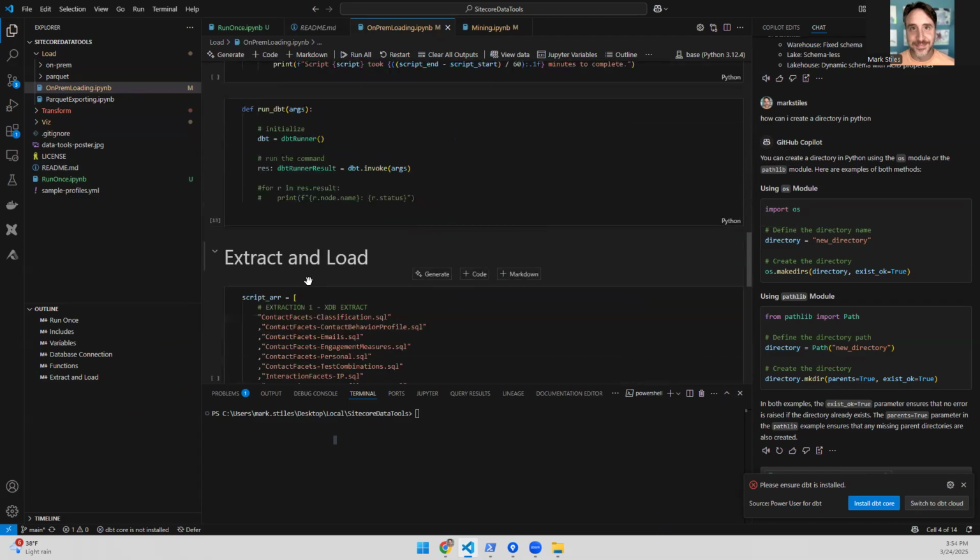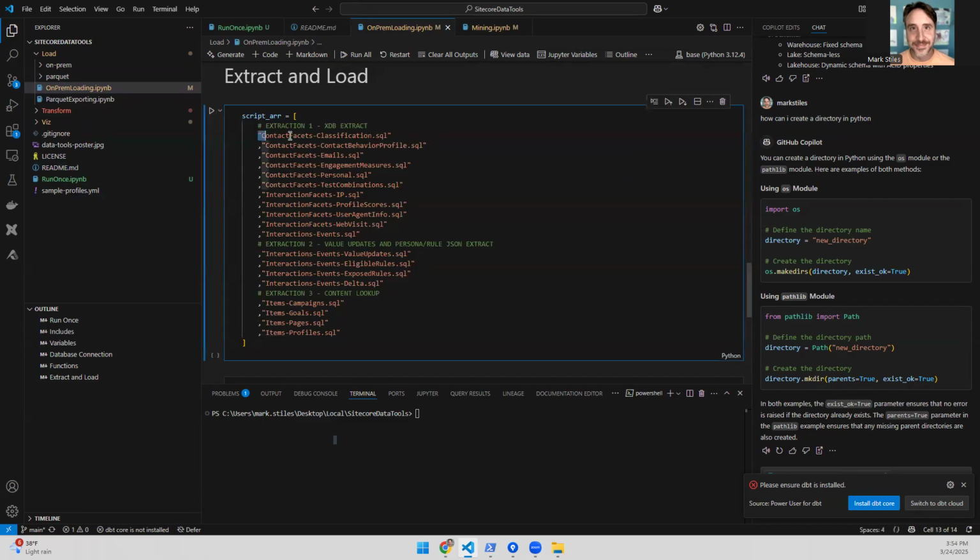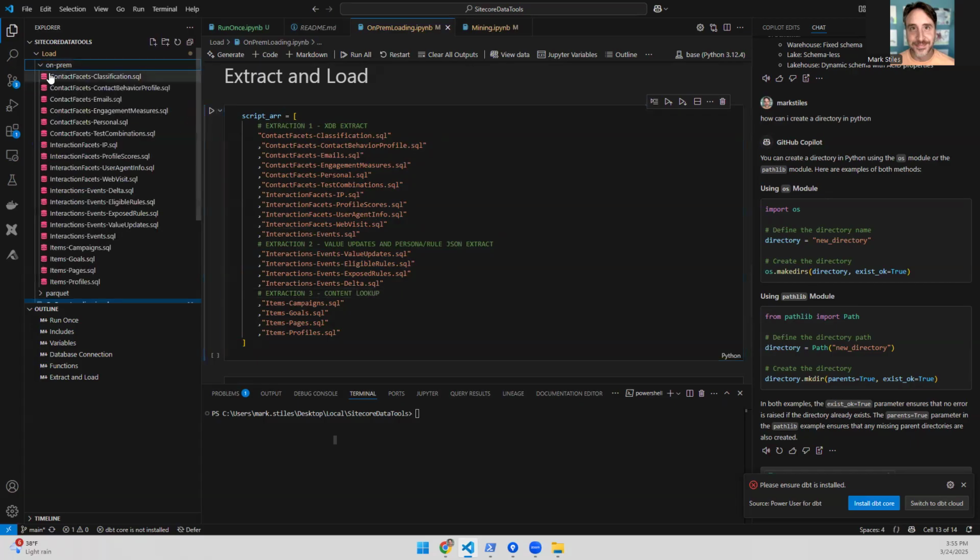I have some functions that all they're doing is just wrapping what these are, but they're calling individual scripts. So we're just looping through the first extraction here, the second extraction, and then the content. So these scripts are all individual files. We can go and look at them here.